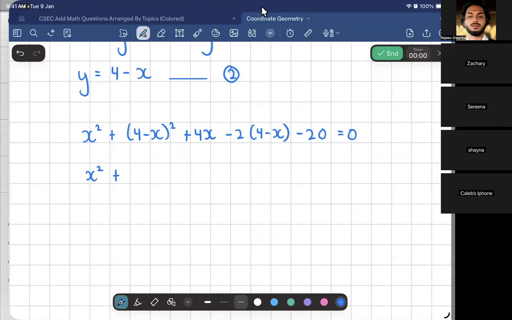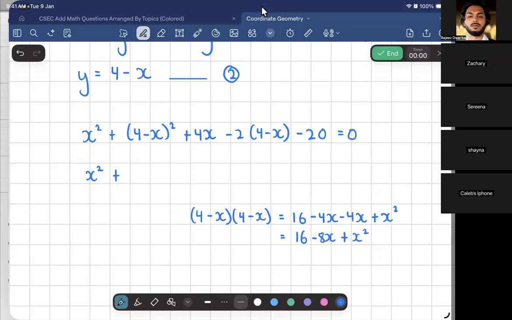If you work out the full thing, that's going to be 4 by 4, which is 16. Then minus 4x, and then negative x by negative x is plus x squared. So you're going to end up with 16 minus 8x plus x squared.